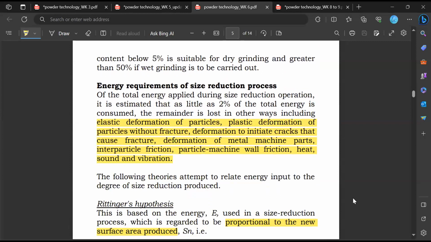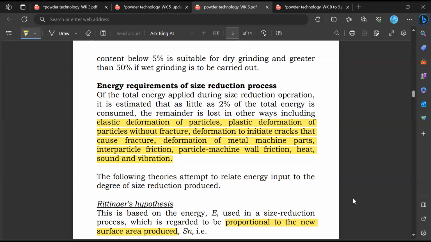Okay, and then energy requirements for the size reduction process: not all the energy used is for propagating the crack, but some is lost in elastic deformation of particles, deformation of particles without a fracture, deformation to initiate cracks that cause a fracture, and deformation of the metal machine parts.